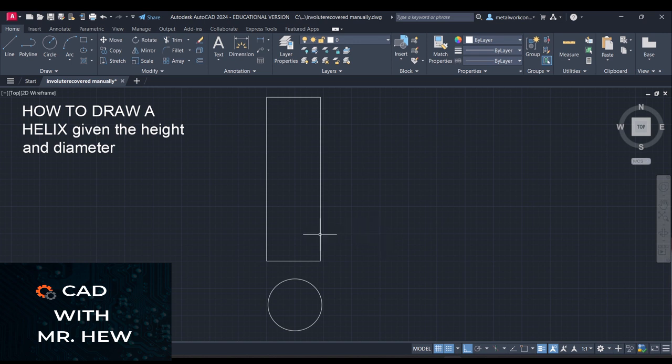The height is represented by this distance, and the diameter is represented by the circle in the plan. Okay? Hope you're following so far. All right, so good job if you're with us. We're gonna move on now to the actual construction of the helix.